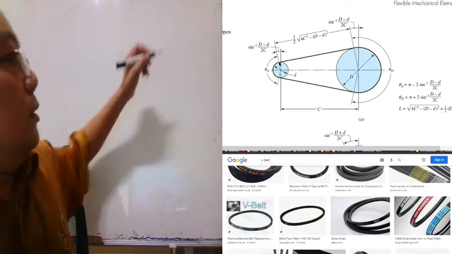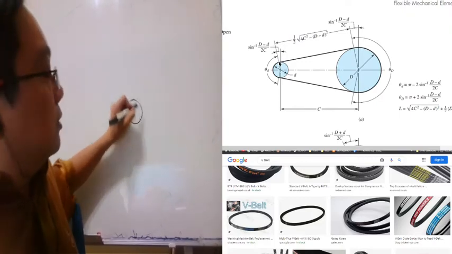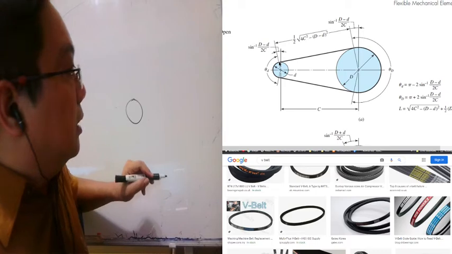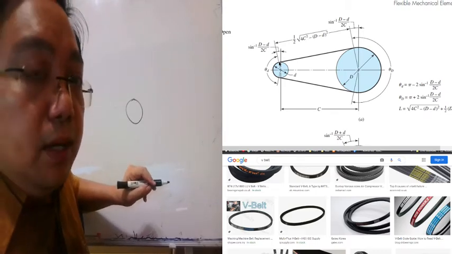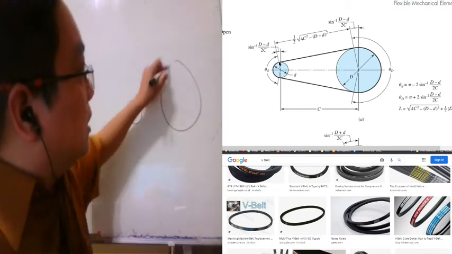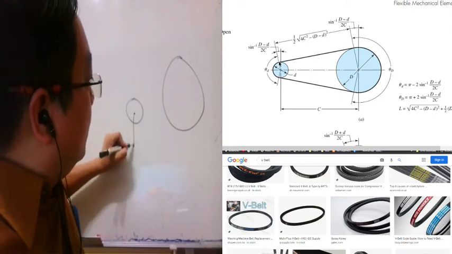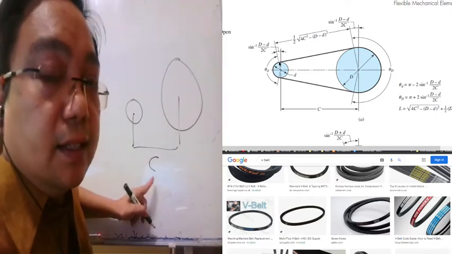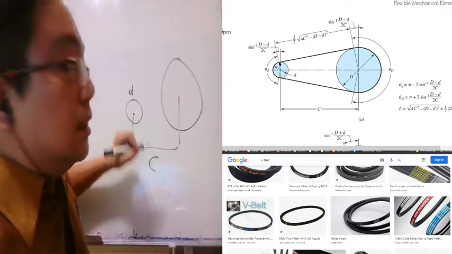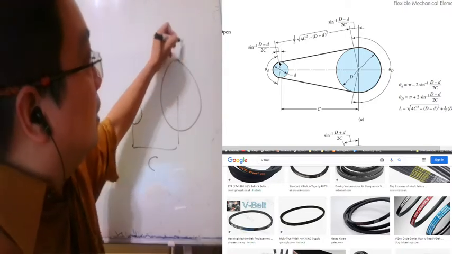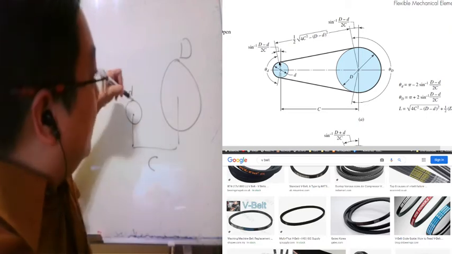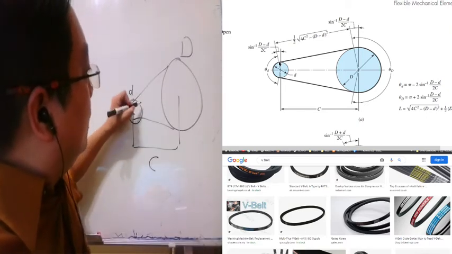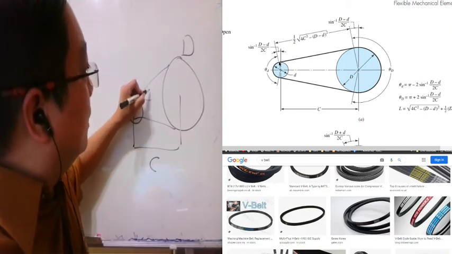Here you have a small pulley, and another one is a large pulley, both connected by a center distance called C. This is the small diameter, this is the large diameter, and then they have an angle of contact here, theta.